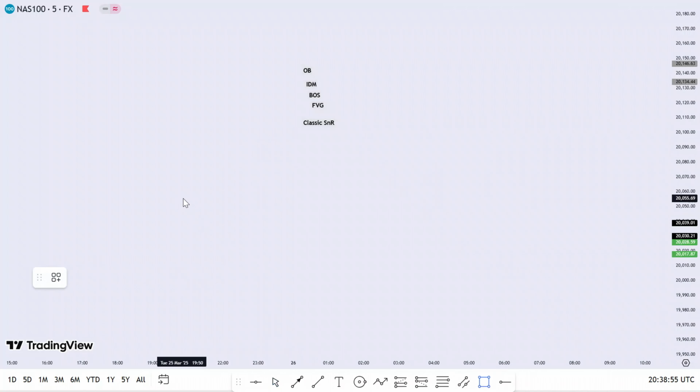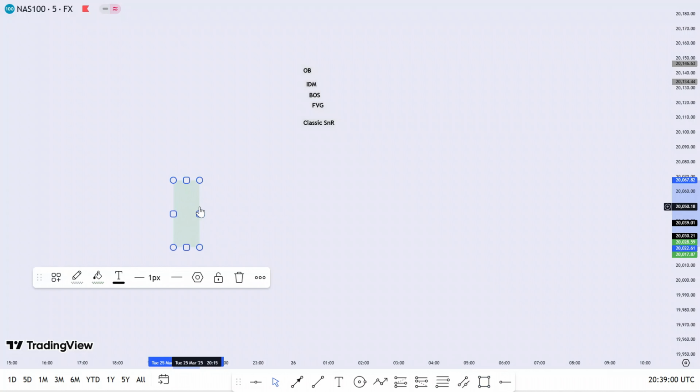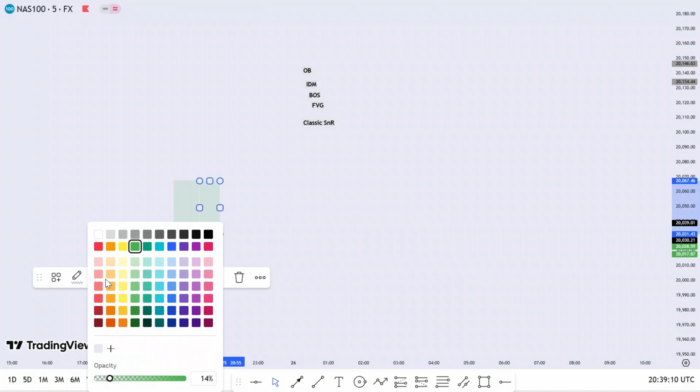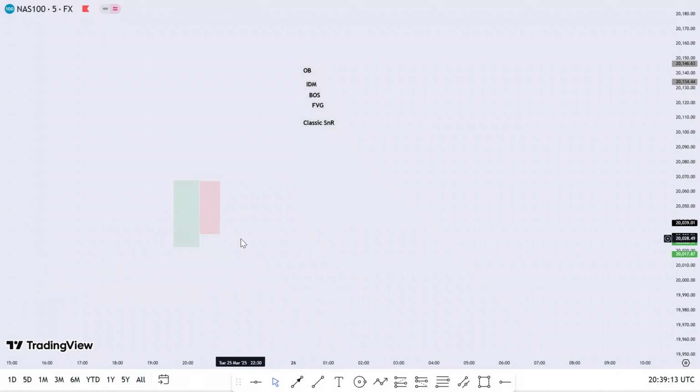All right. Now the classic SNR is a situation whereby, let's say we have a bullish candle, and then as soon as the bullish candle closes, another candlestick forms to be a bearish. The second candle goes down as soon as the bullish candle closes.